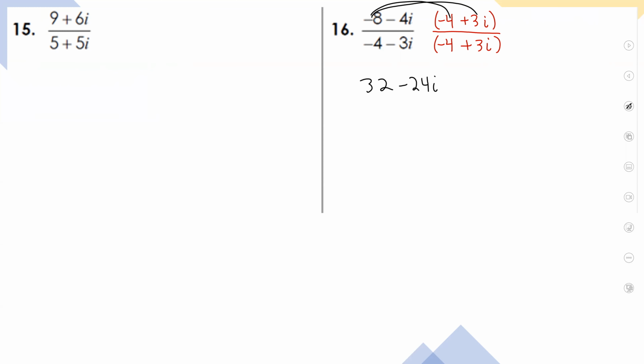Now I'm going to do the next number. Negative 4i times negative 4 is positive 16i. Negative 4i times 3i is negative 12i squared. So that is my numerator multiplied out.